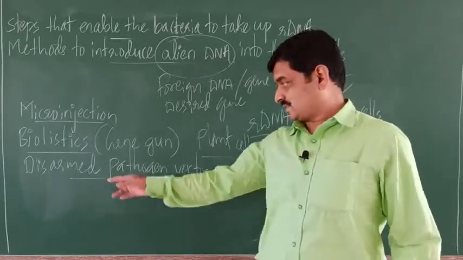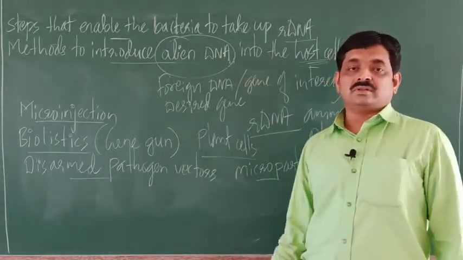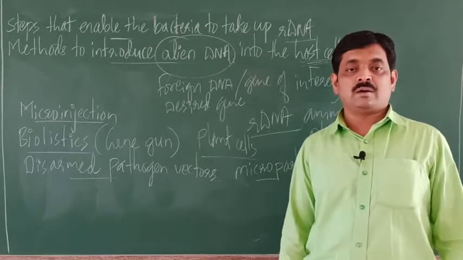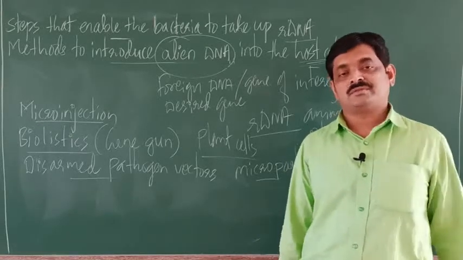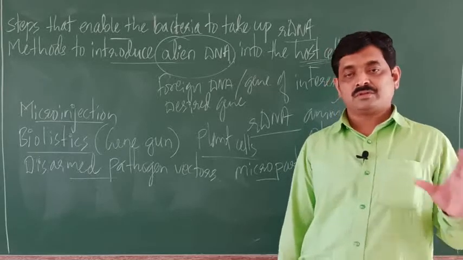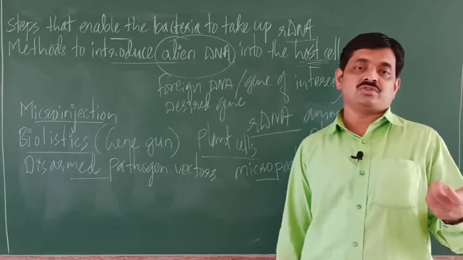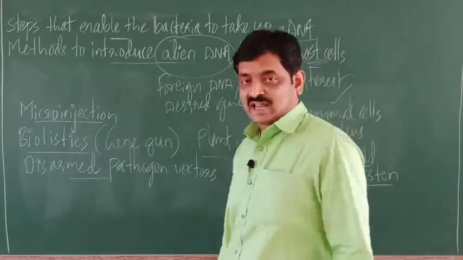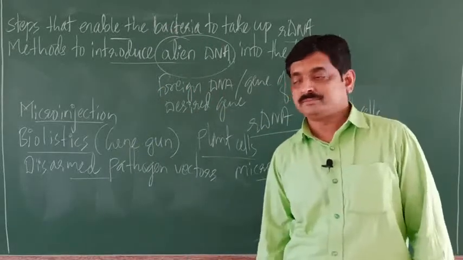Fine. The next, disarmed pathogen vectors. Disarmed, already you know the meaning. Disarmed means to make a particular organism harmless. Pathogen is an organism that causes diseases. Any organism that causes a disease is called a pathogen.